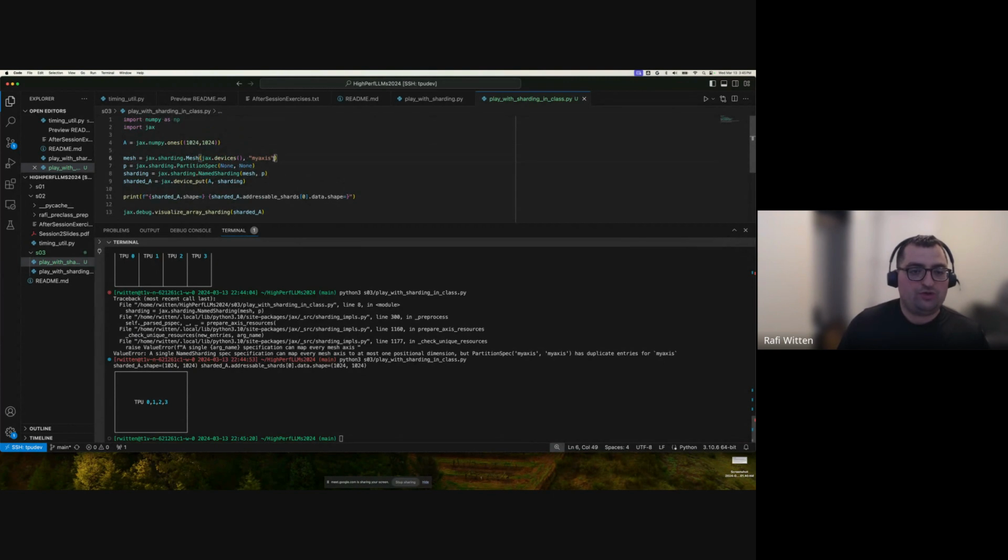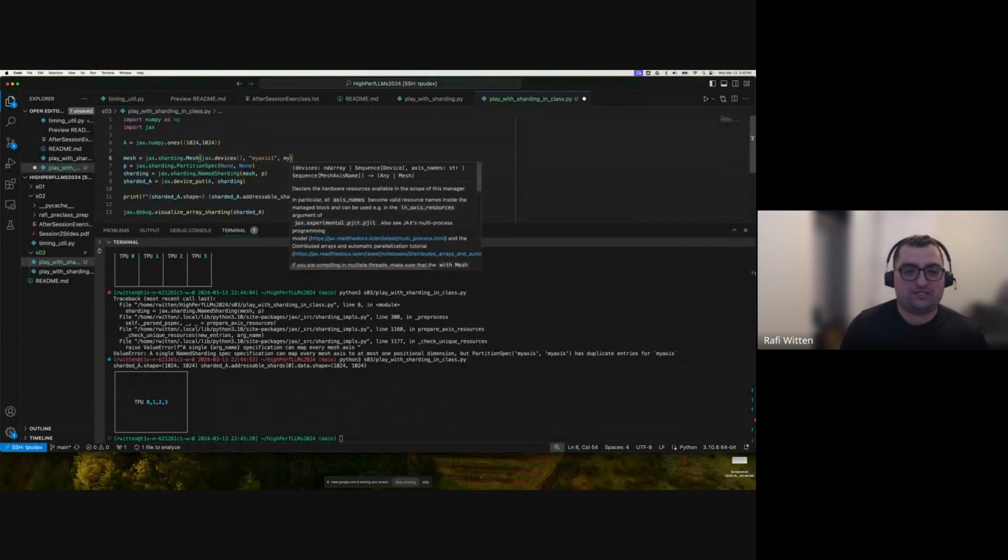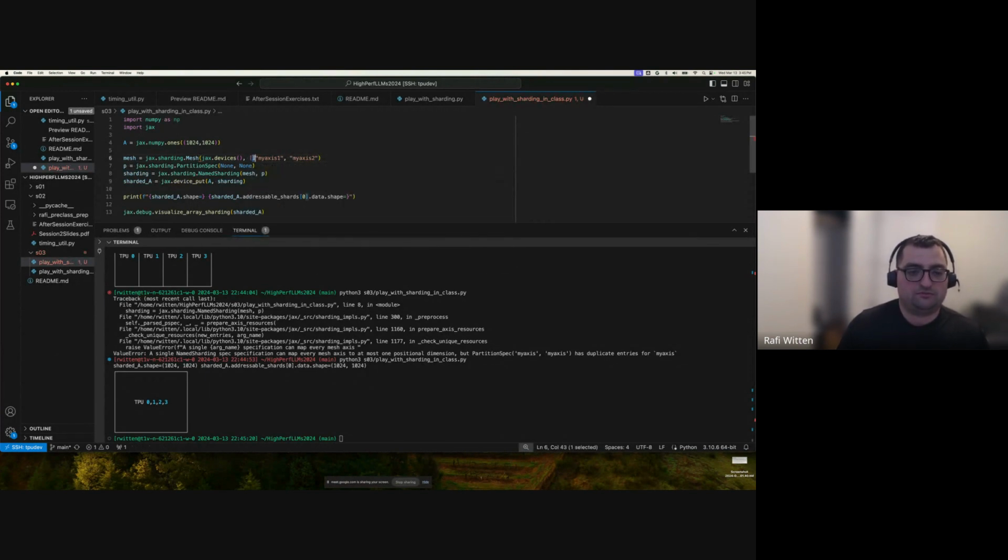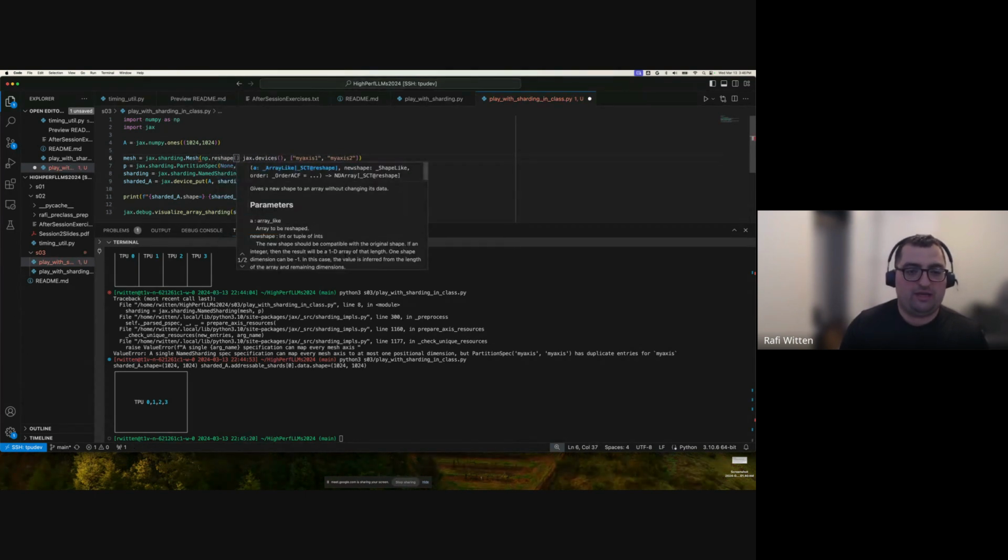I do want to show that there's actually a little bit more we can do here. So we can do my axis 1 and my axis 2. So now we can have 2 axes in the mesh. Now we can do np dot reshape. So we could say, Jax, I want you to make a 2 by 2 array here.